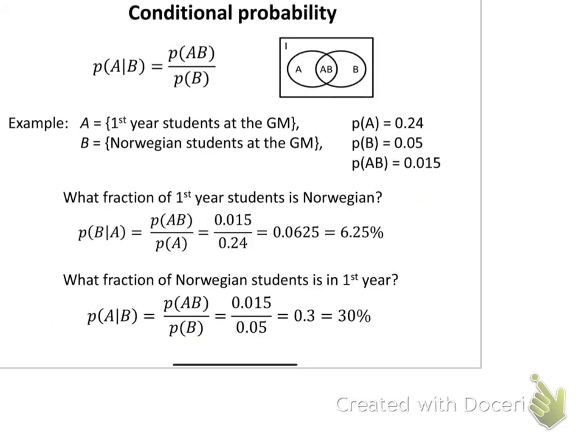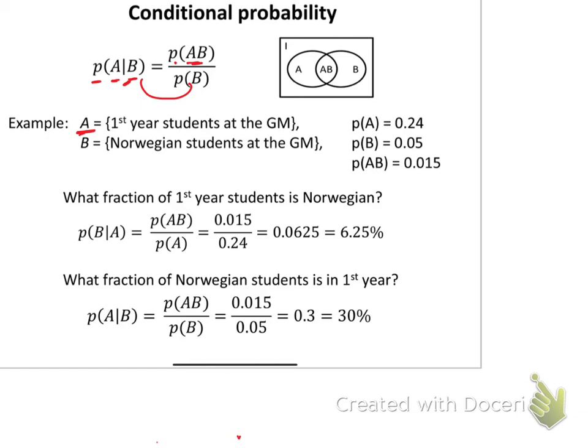So now coming to this example on the conditional probability, in order to understand how the problems come in the exam. They're repeating here that the probability of A given B equals the probability of A intersect B, or AB together, divided by the probability of B. We have the example here: set A equals, by the description, the first year students at general medicine.